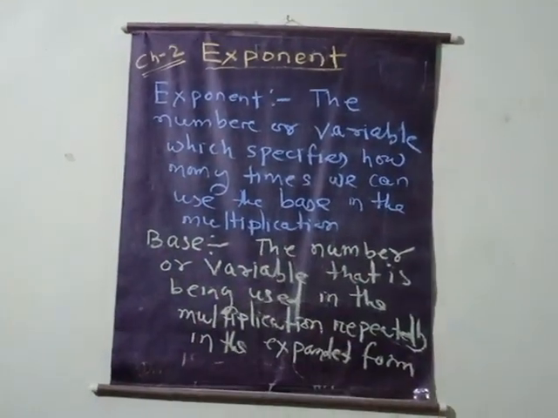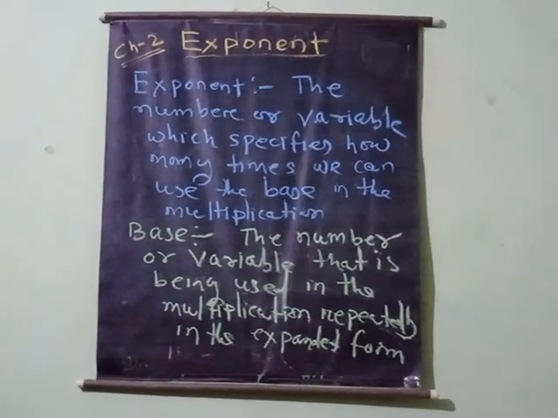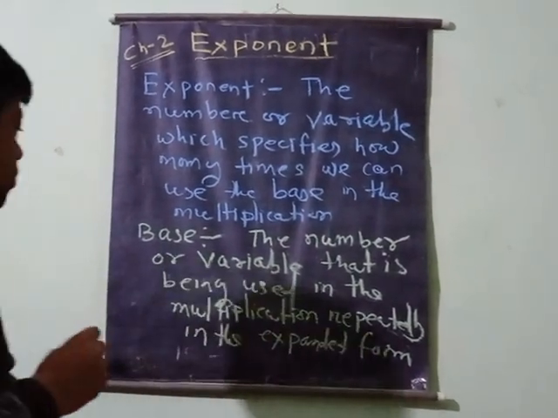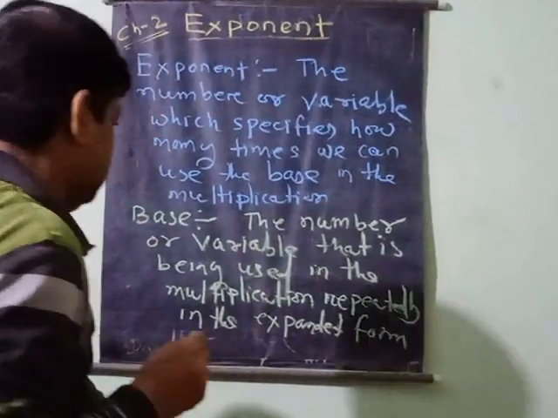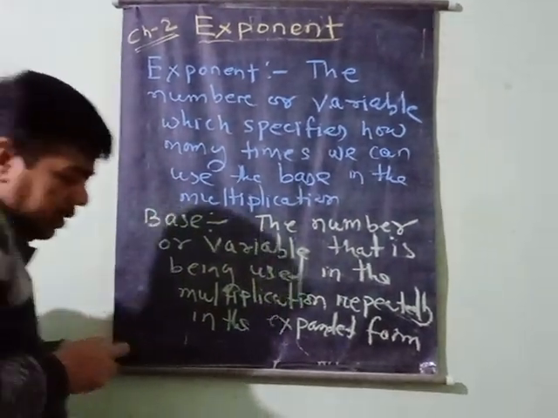Okay. So what is base and what is exponent, the definitions we got. The number or variable that is being used in the multiplication repeatedly in the expanded form. Okay.